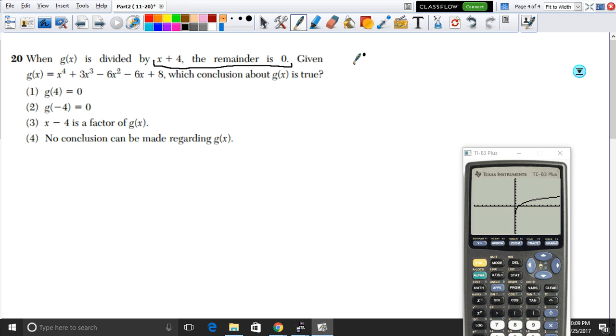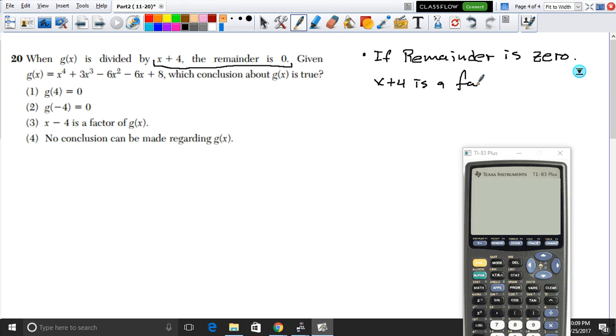One important conclusion from our previous classes is that if the remainder is 0, that means x plus 4 is a factor of whatever we were dividing, which is g of x.